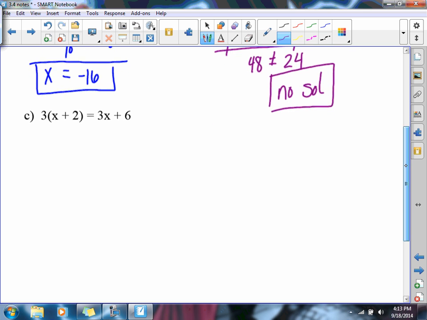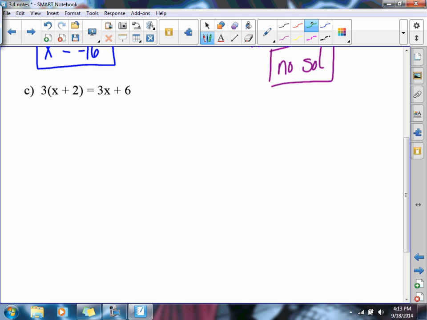And part C, our last one here, we're going to distribute again. So we have 3x plus 6 equals, oh, wait a second, 3x plus 6. Both sides of the equation are exactly the same.